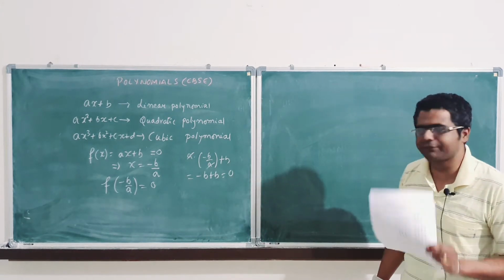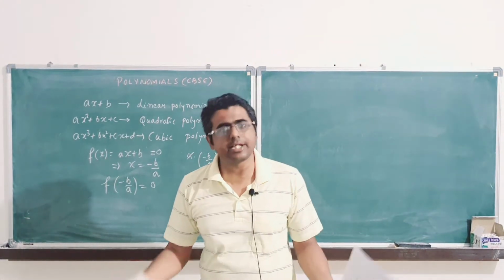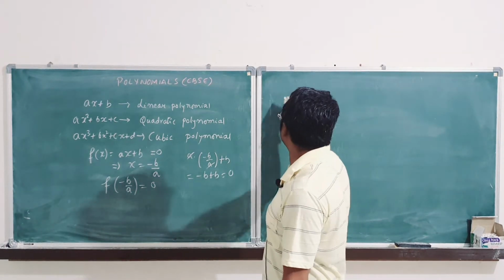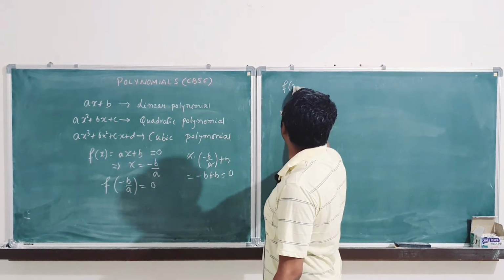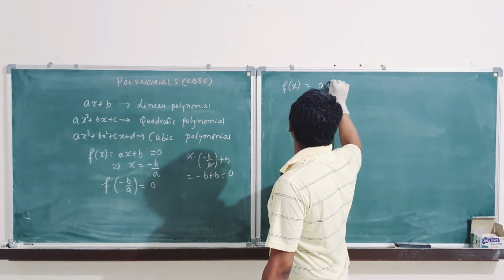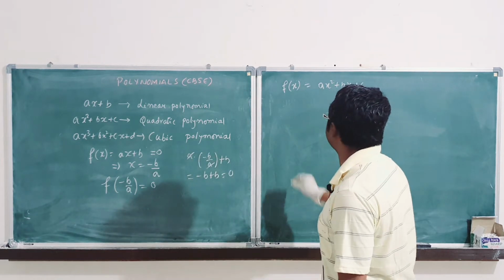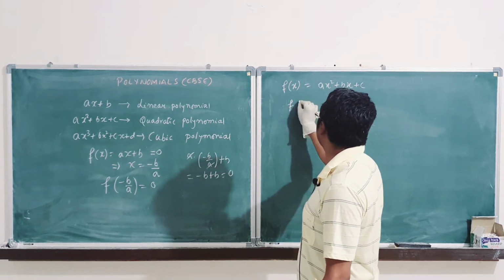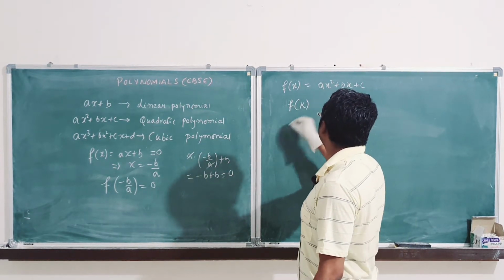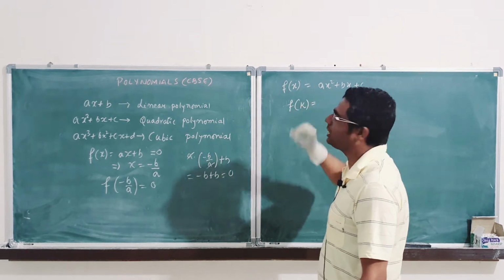So for a definite value of x, the polynomial total is 0. Suppose there is a function, say ax square plus bx plus c. For a certain value, say k, f(k) means x is equal to k.